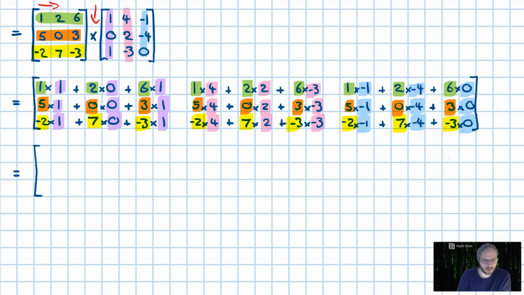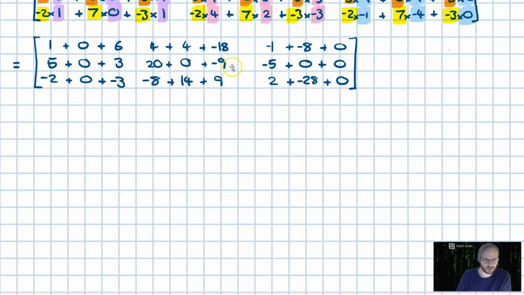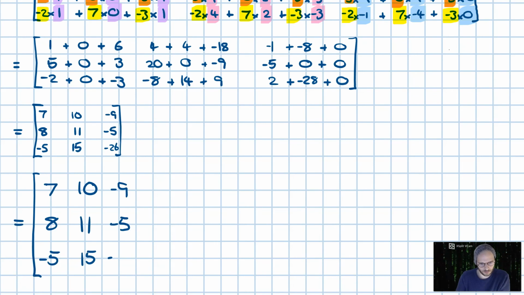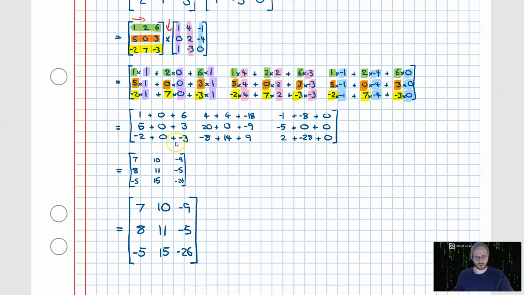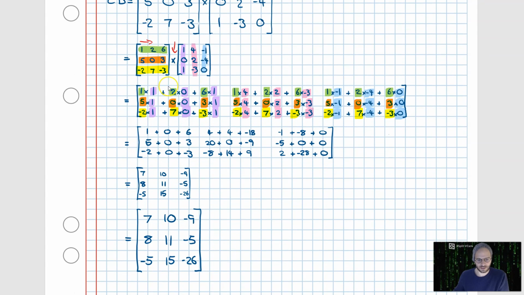Now putting this together, alright, and now I need to crunch all the numbers. So this should be our result to the multiplication of C and D as seen here.